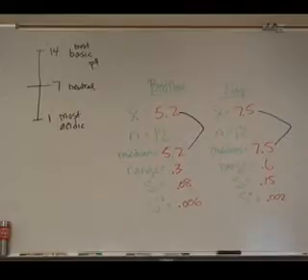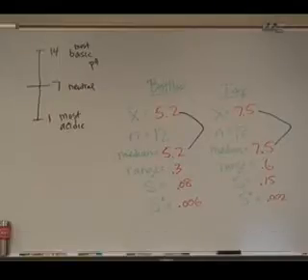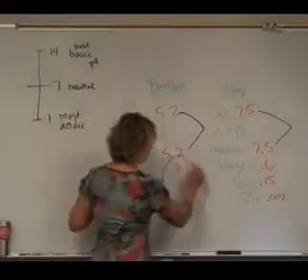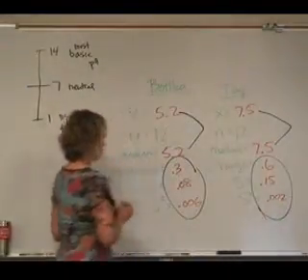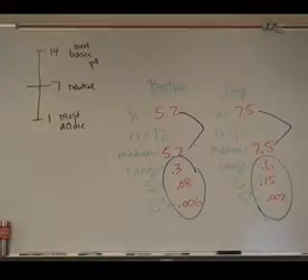Which data, the bottled or the tap, is more spread out? The tap. Why? It has a higher range.